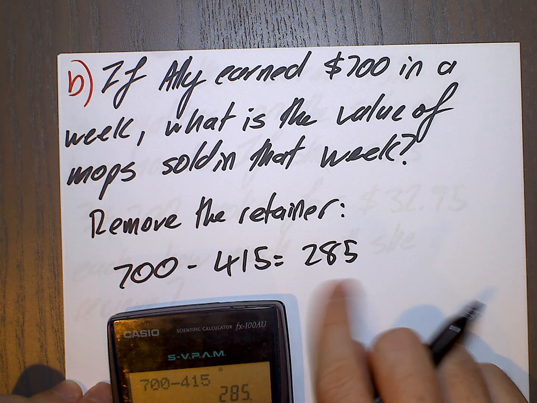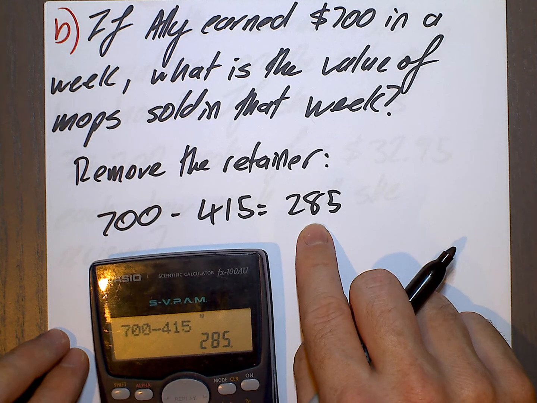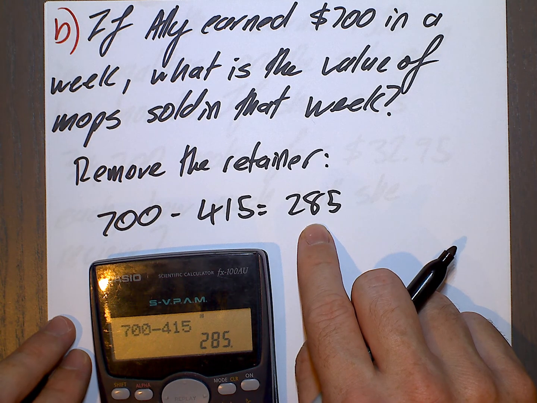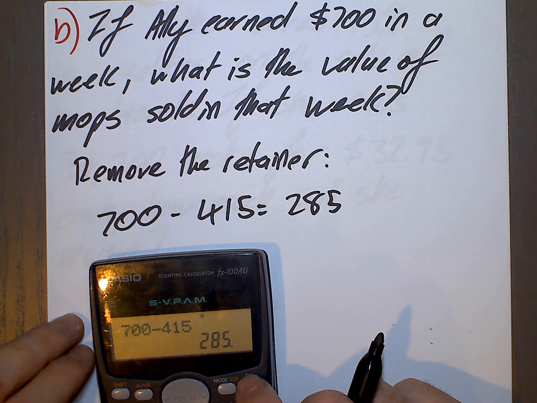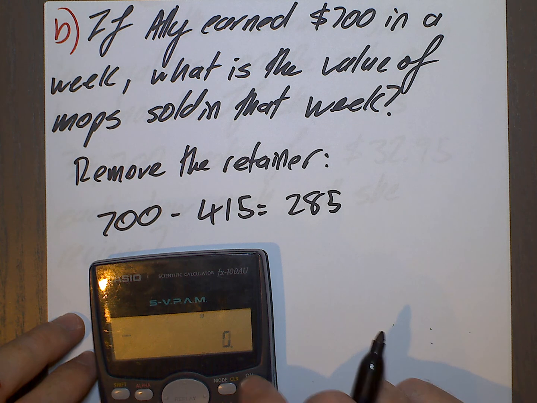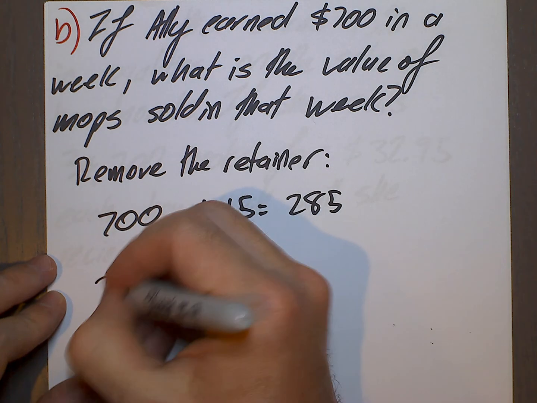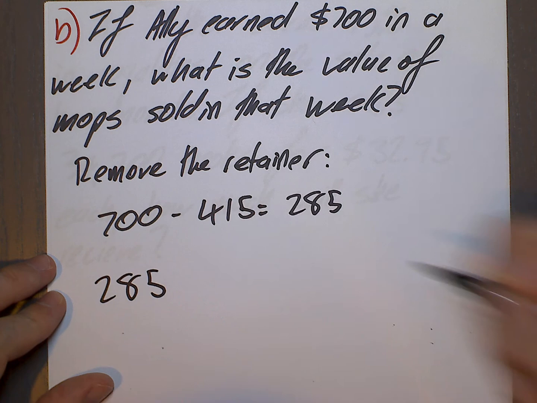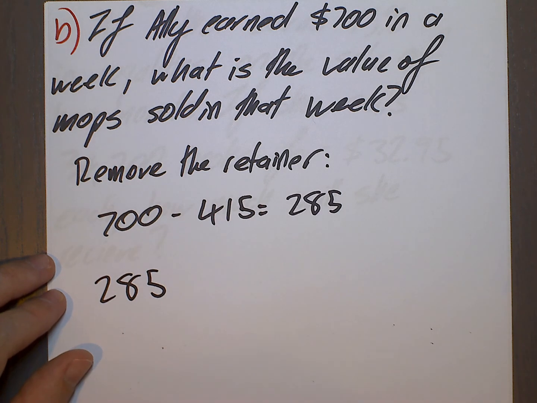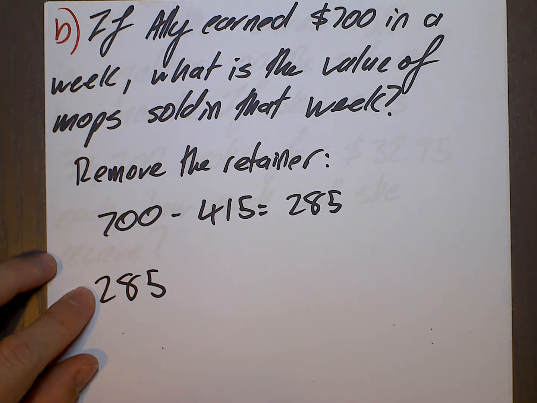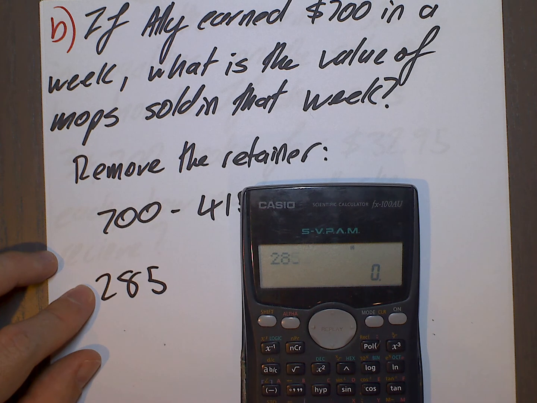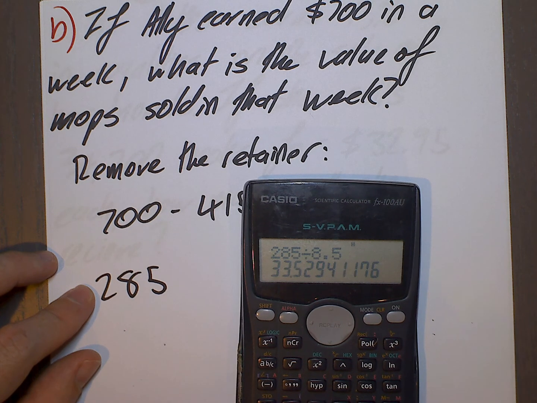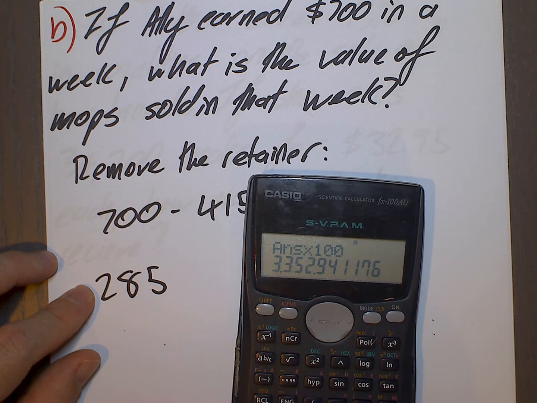Okay, so that 285 is 8.5% of how much she sold. So we need to multiply that. Okay, how are we going to do this? We need 285. This represents 8.5%. So if we divide this by 8.5, let's just try this out. 285 divided by 8.5, and then times by 100.